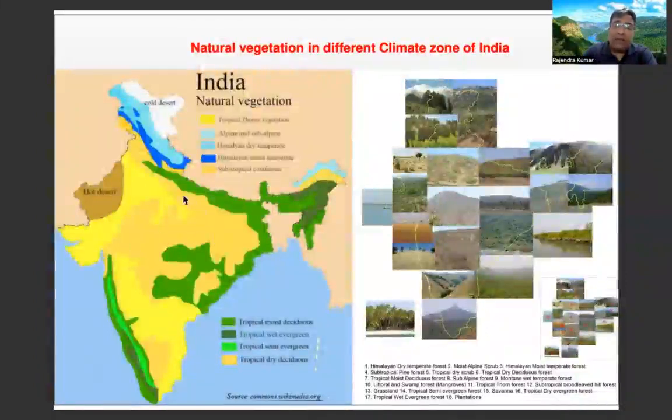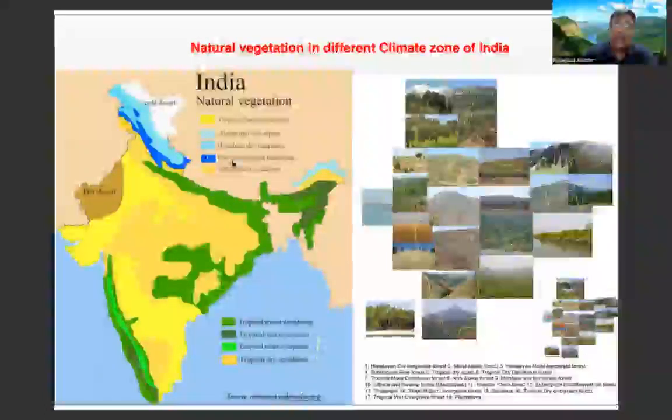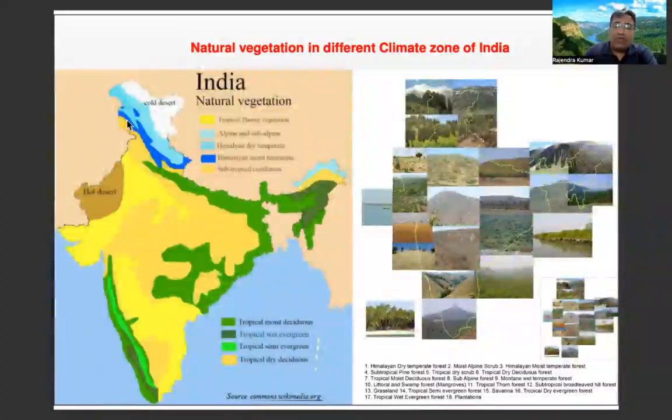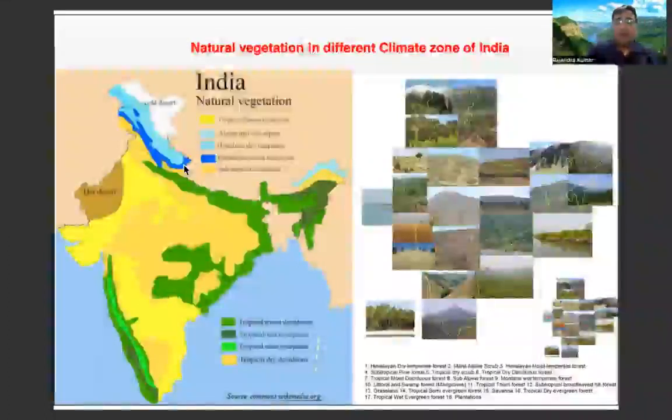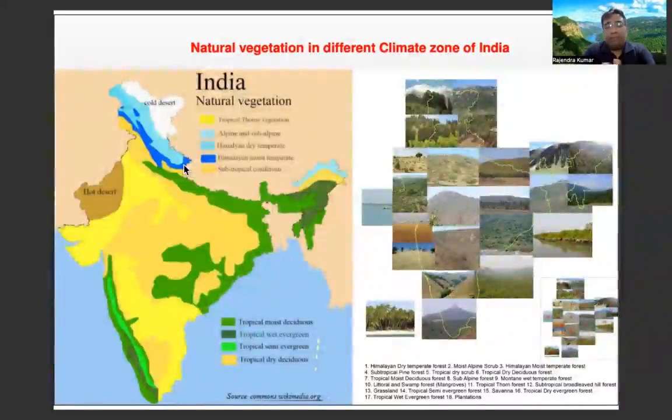These are the central part of India and some part of northern India also. And these are the Himalayas. You might have read in your historical books that the Himalaya is one of the very important mountain regions in India, running mainly in the northern part of India. So this is the Himalayan range, and the vegetation along the Himalayas is different from any other part of India.